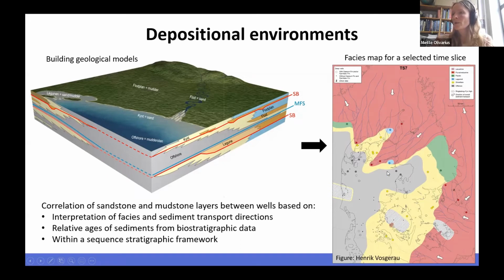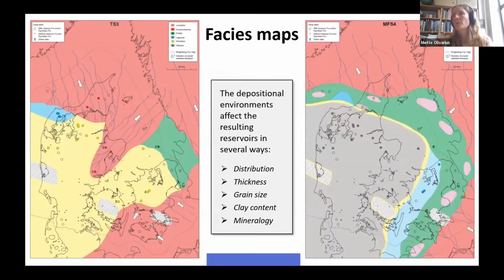And then off here, it was the offshore deep environment. We have made these from a lot of different time slices in the Gassum Formation with the paleogeographic reconstructions. This one shows a time when a large part of the area was just flooded.